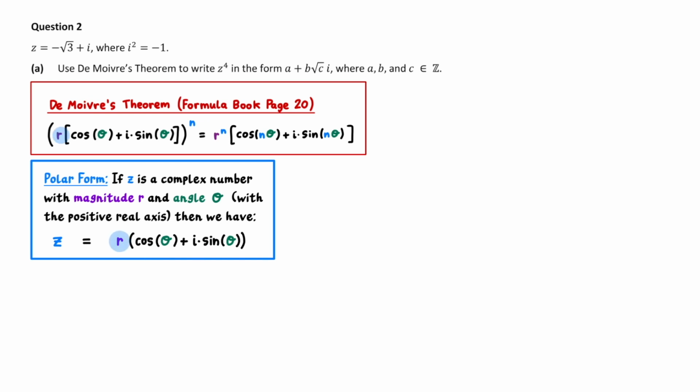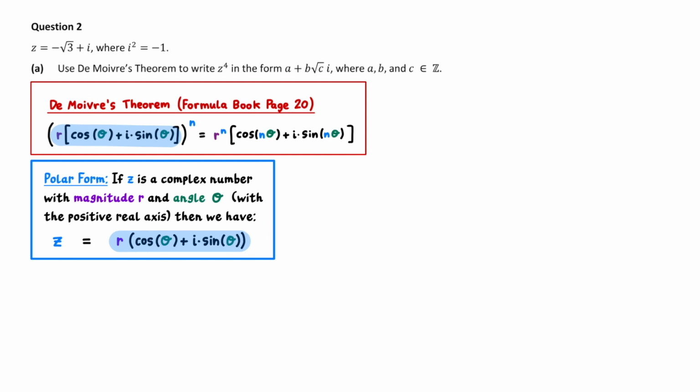It's worth pointing out that this is the exact same expression that appears inside the brackets on the left-hand side of de Moivre's theorem. This means that we can only apply de Moivre's theorem to a complex number which is written in polar form. This poses a bit of an issue because it's not how z is presented to us in the question.